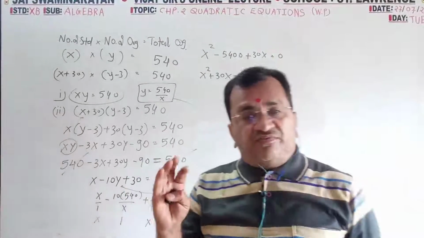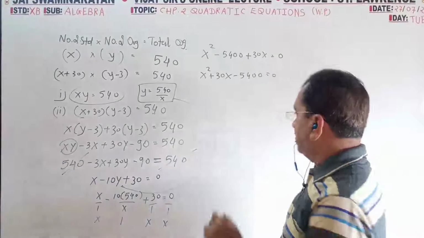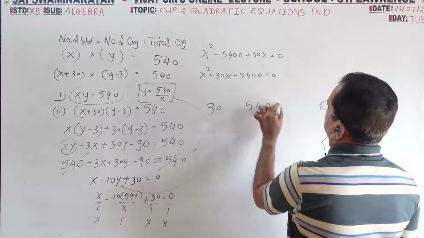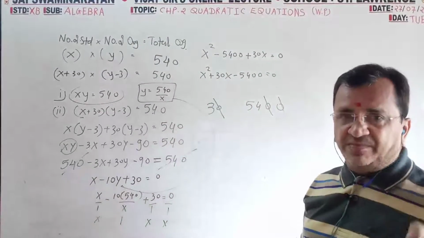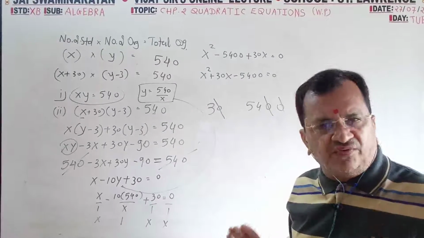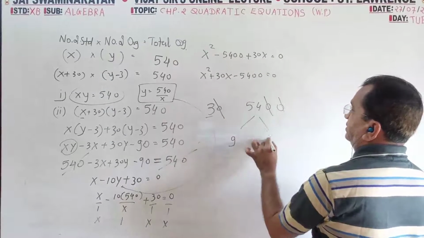Now 5400 and we want 30. How to reduce? 30, 5400. Remove 0, remove 00, 1000, that you have to keep in mind. Now I want only 3 from 54. I want 3 from 54. 9 and 6 are.